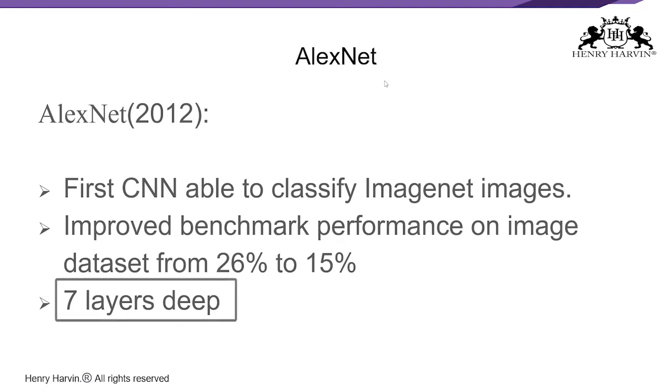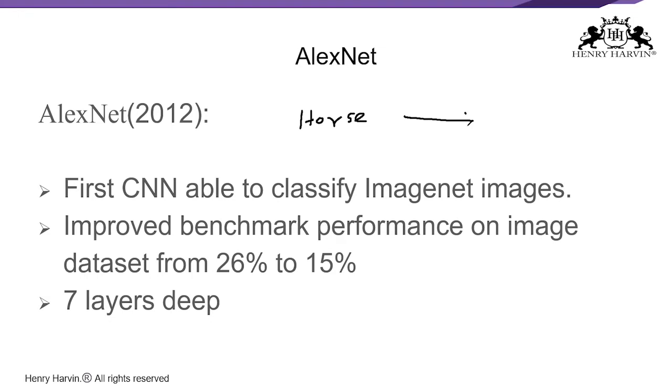Let me give you an example. There is an image of a horse, right? The top 5 predictions are, say, dog, hat, cat, bus, and train. In this case, if you look at the top 5 predictions, there is no right prediction for this horse.